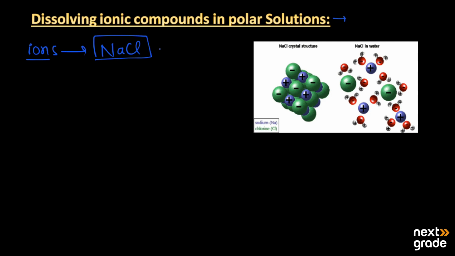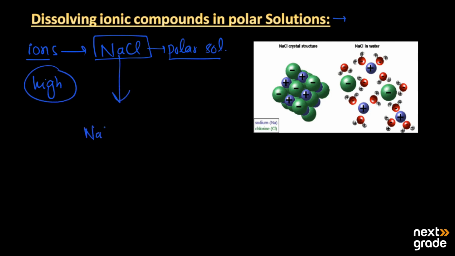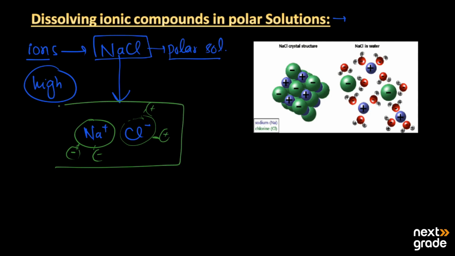When ionic compounds get dissolved in polar solutions, their solubility is high, as the ionic compounds change into positive and negative charged ions. The positive part of the ion is attracted by the negative part of the solvent, and the negative part of the ion is surrounded by the positive part of the solvent molecules. In this way, interactions are created between the positive and negative ions, and the solubility is high.